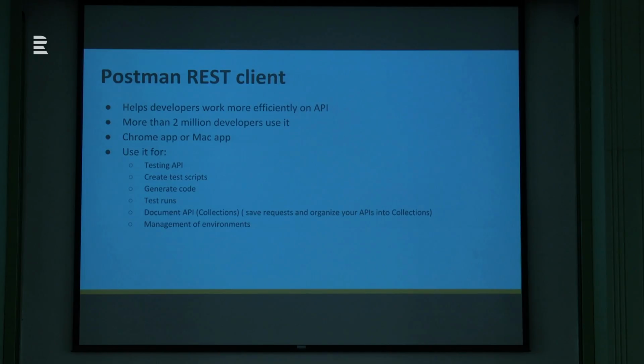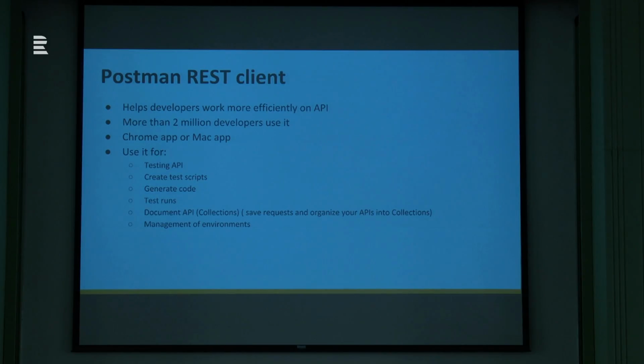So when you are planning for API, you need to do some sort of tests to see if it works, how it works. You need some sort of planning, what you need, what you don't need. And this is where Postman is good at. So I recommend this as a REST client because it has a testing API.